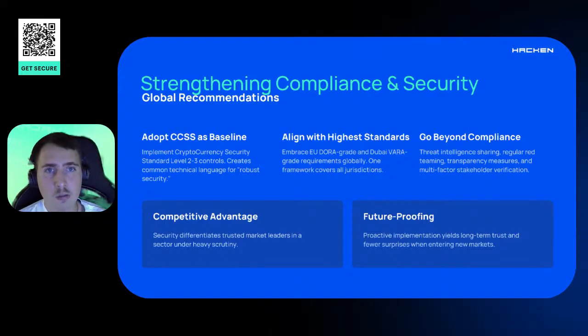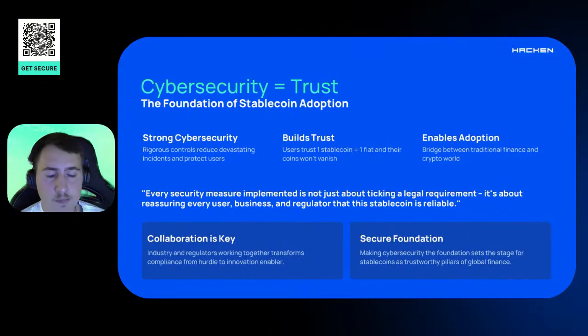For the wallets, it could be the Cryptocurrency Security Standard, which will give you the practices that are missing from any general security standard. And go beyond compliance: threat intelligence sharing, regular red teaming, transparency measures, and for sure multi-factor stakeholder verification.